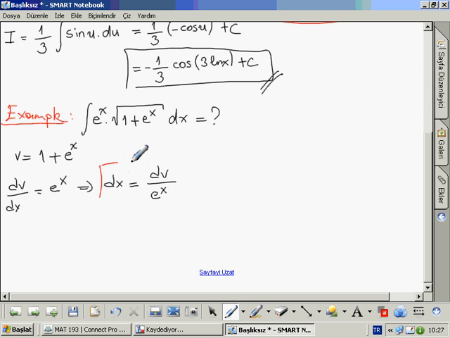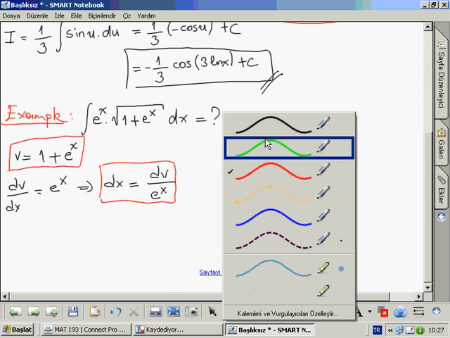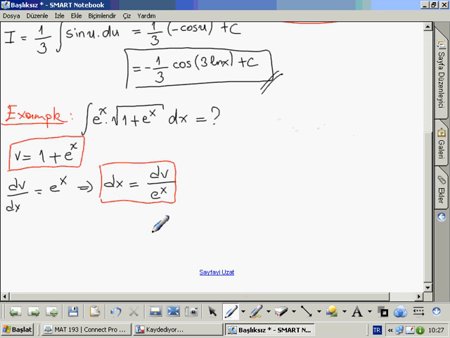Now we will use only these two substitution forms. The integral of e to the x square root of 1 plus e to the x dx is equal to the integral of square root of v times dv, and of course some cancellation.